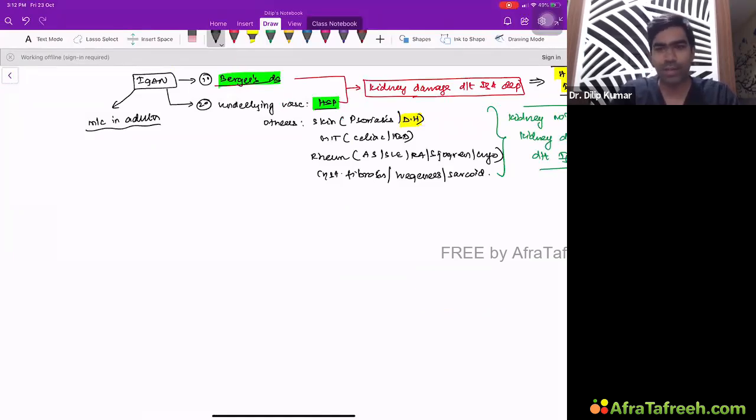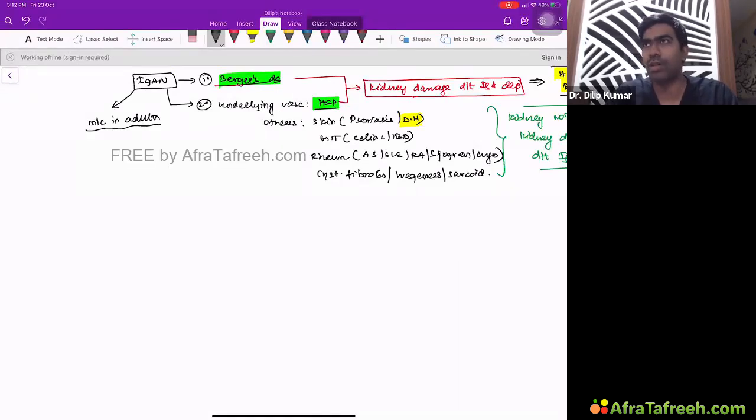Then the most common glomerular nephritis in adults, the most common nephritic syndrome in adults. Whatever may be the question, it is always IgA nephropathy.